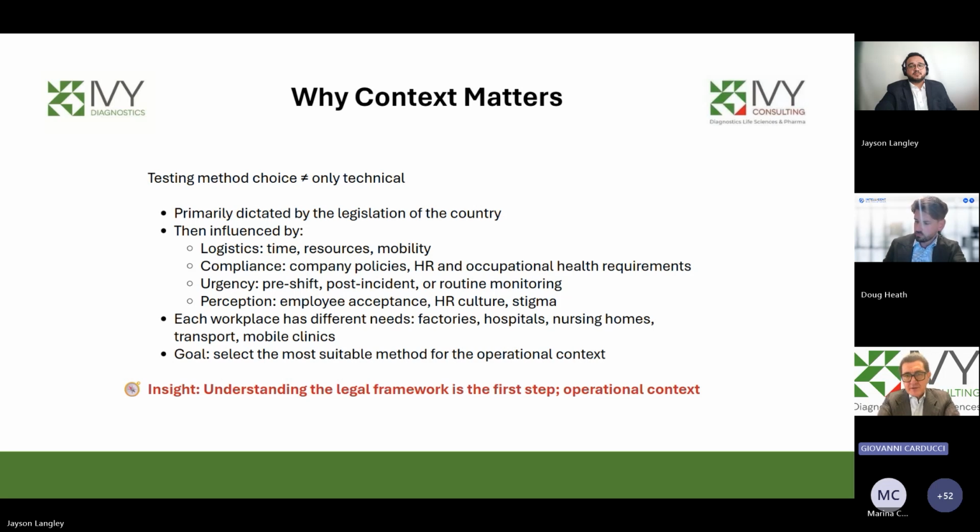It is a matter of logistics, compliance, urgency, and user perception. That's why we need to understand not just the theory, but what happens when these methods are applied in a real-world situation.